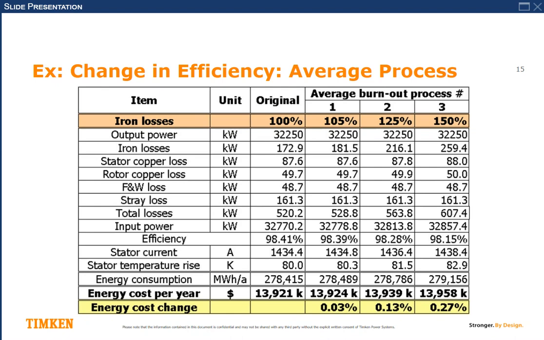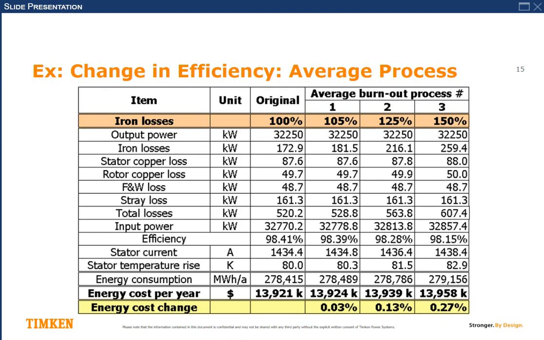It would be a really difficult economic justification even to say, let's replace this machine. Even though the losses increased 50%, the impact on the life of the machine is really small compared to what the cost of a replacement machine would be.